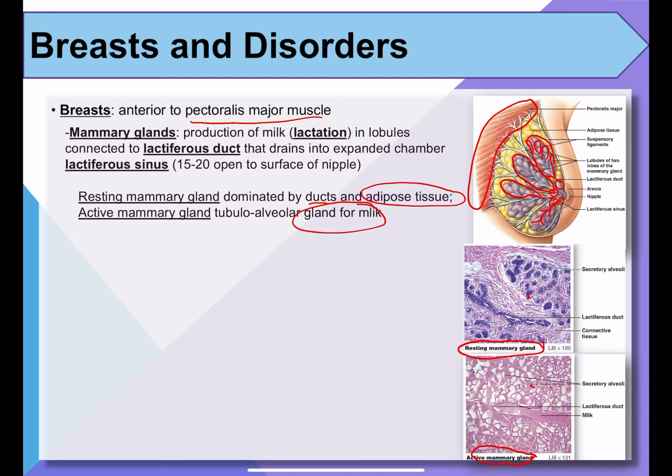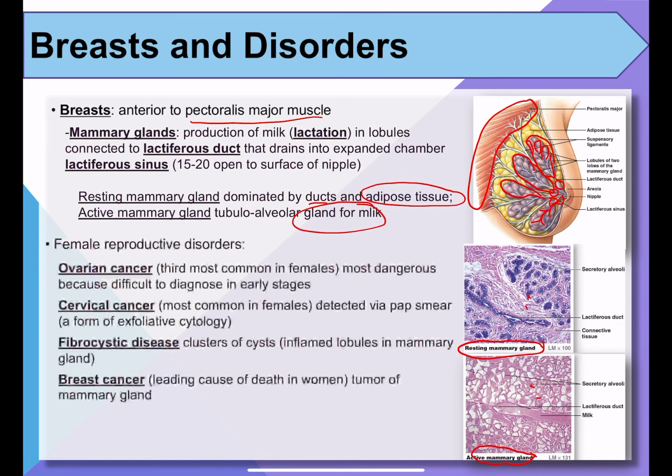Looks very different, and you can see a lot of empty spaces where milk is stored within those areas, and hence that's why for some females, when they're in lactation, their breasts would increase in size because a lot of the mammary glands are actively making milk, making it larger around that area. But it doesn't happen for every female, and size has nothing to do with how much milk the mom produces.